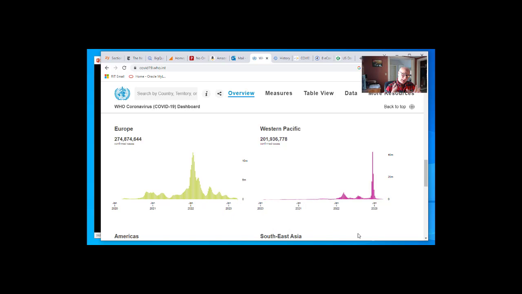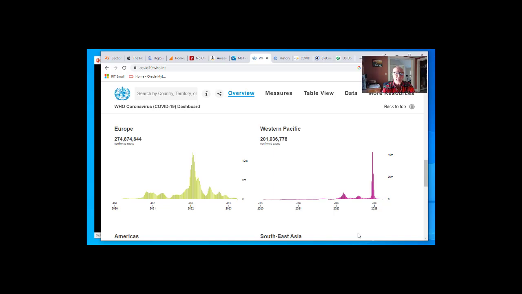Now, we've got relevant things on the same line. How is this organized? Well, we've got a regional organization to it, but if you'll notice, it's not that we've got Europe confirmed cases on one side and Western Pacific vaccinations on the other. Why didn't they do that? Because that would make me as a user assume that the confirmed case numbers were equivalent to the vaccinations on the other side.